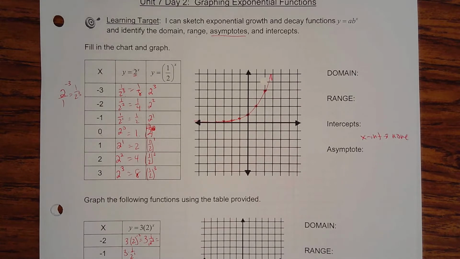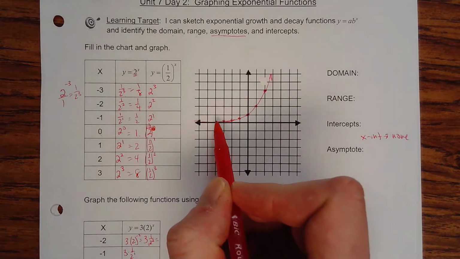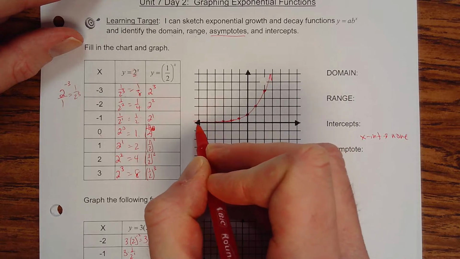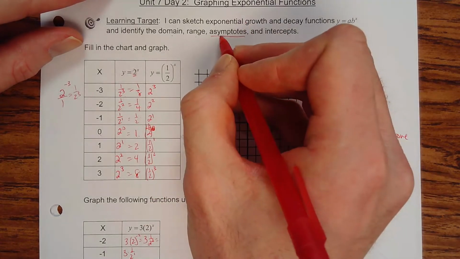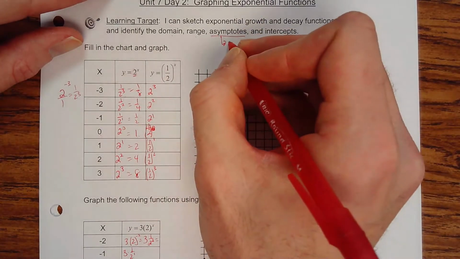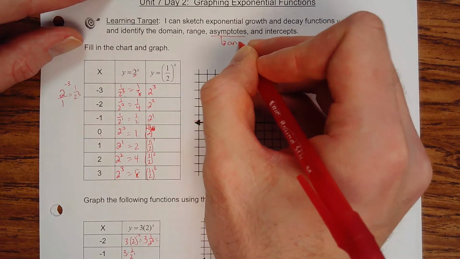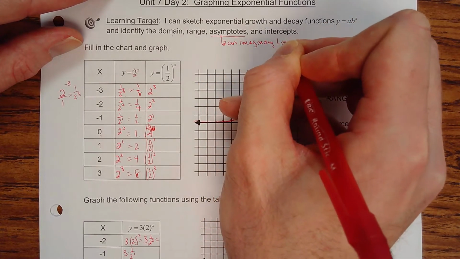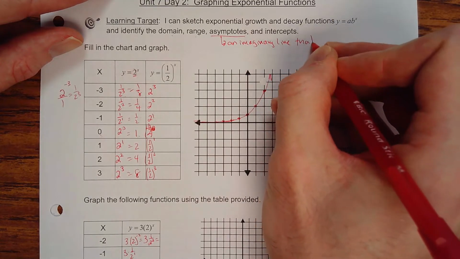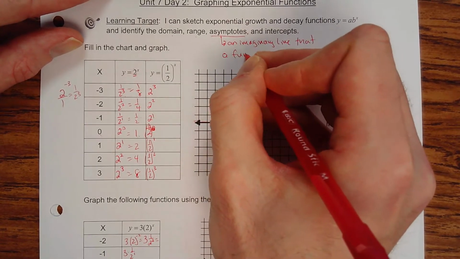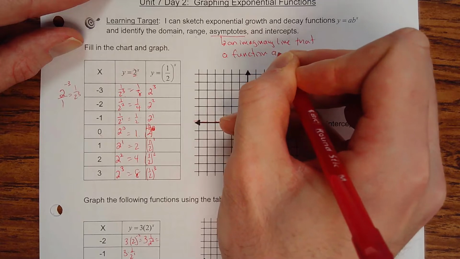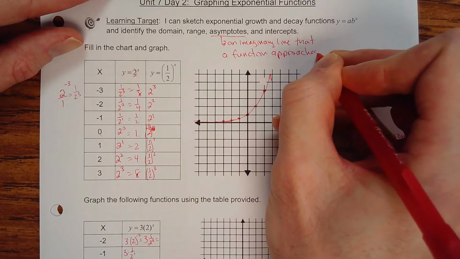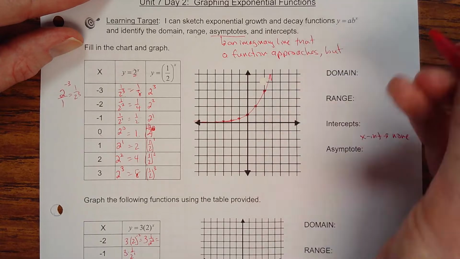Now, that idea of getting really close to something without ever touching it, that's what an asymptote is. It's an imaginary line that a function approaches but never touches.